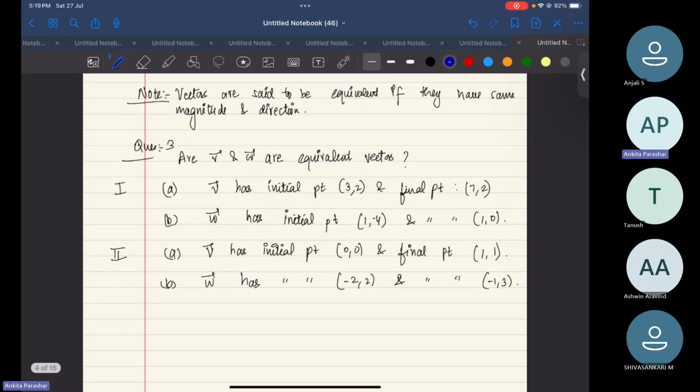Of course, you have to draw these vectors in order to see that. Please, everyone, try drawing on your notebook somewhere, and can you please tell me, are these equivalent or not?